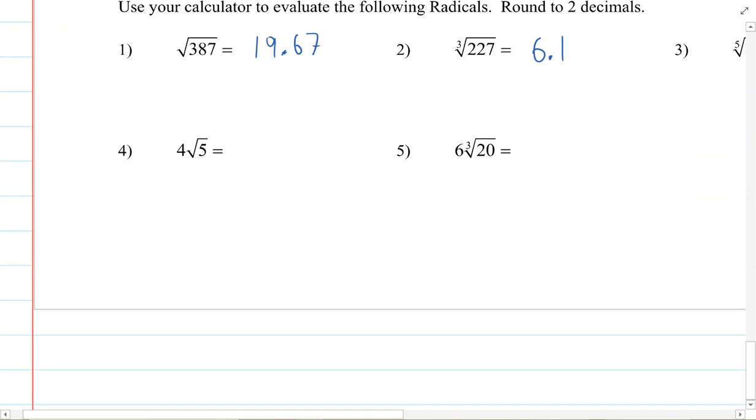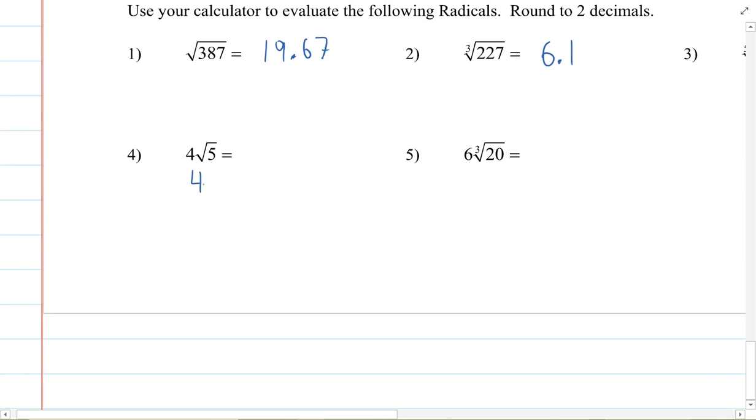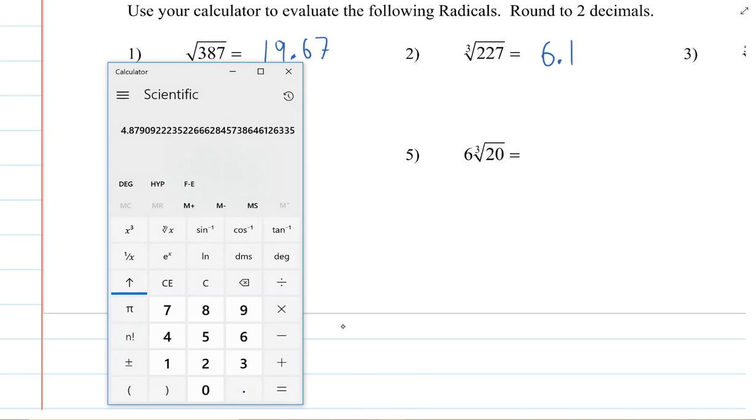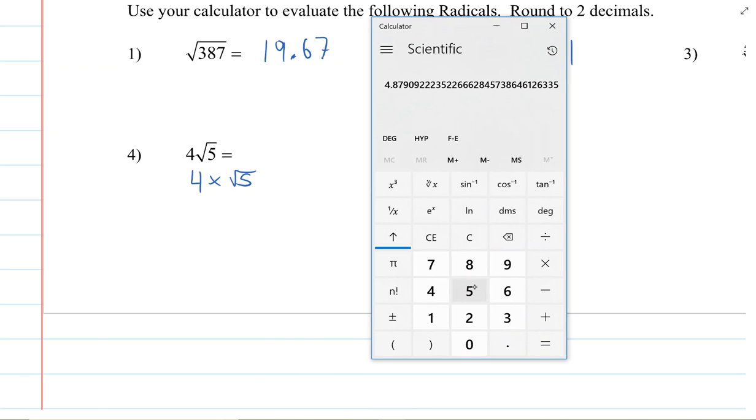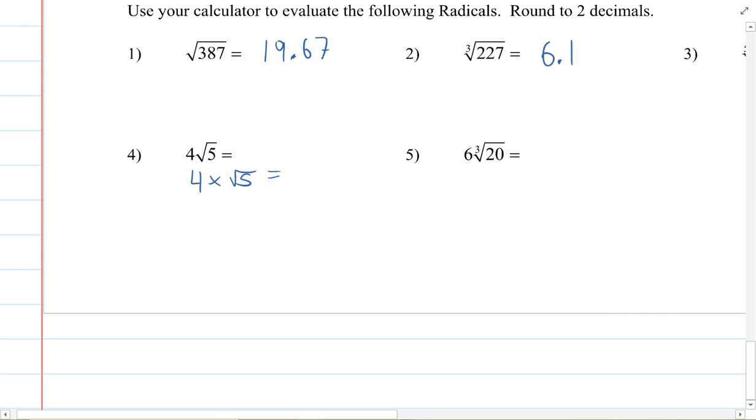Okay, this one here is 4 times root 5. So I'm going to get that answer on my calculator first. 5 square root. Now I can use my simple root button and then times it by 4 and get 8.94. Okay, so it is a multiplication.